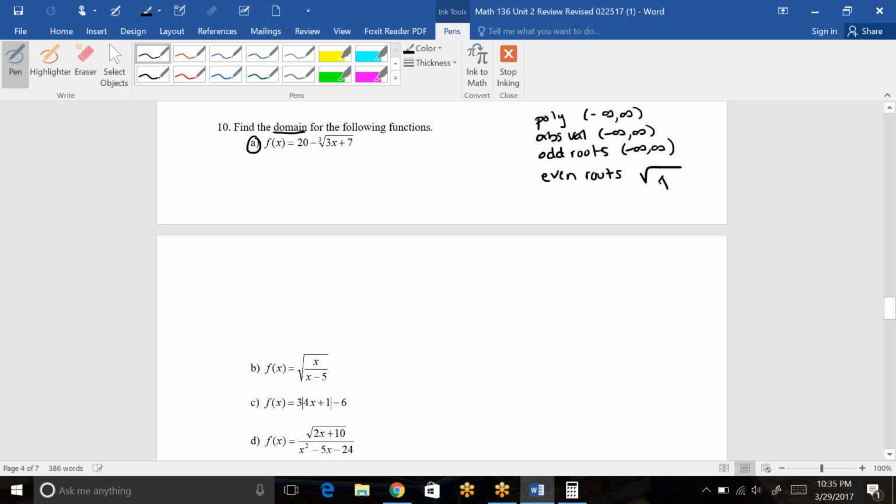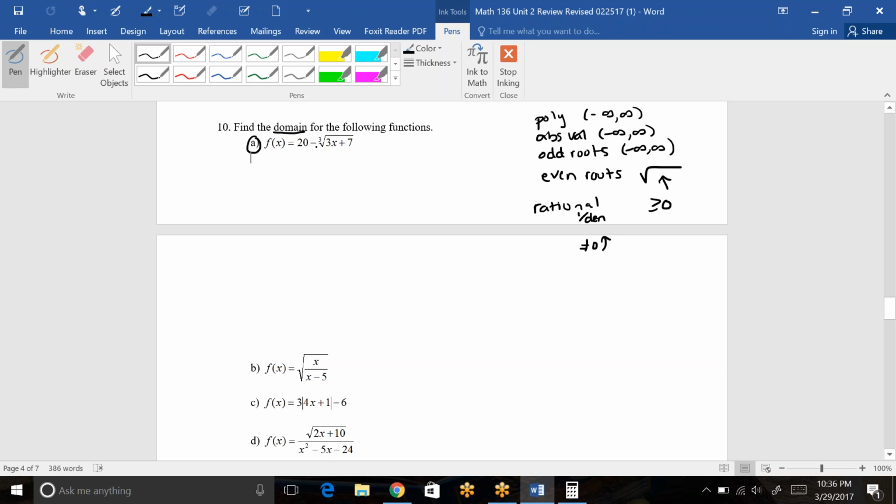Whatever's under that radical has to stay greater than or equal to 0. And then anytime we have a rational, which means we have something in our denominator, which means we can't equal 0 in our denominator. So pretty much the even roots and the rationals are the only ones so far in our universe that cause any issues.